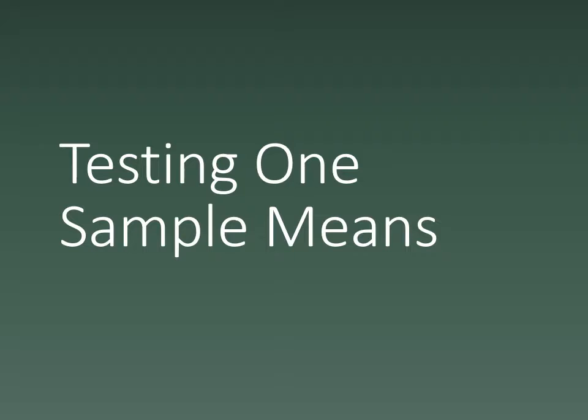Testing one sample means. Let's remember that descriptive statistics allowed us to understand the shape of a frequency distribution of numbers. Now we're moving into more inferential statistics, which allow us to evaluate how different a sample mean is from a population.